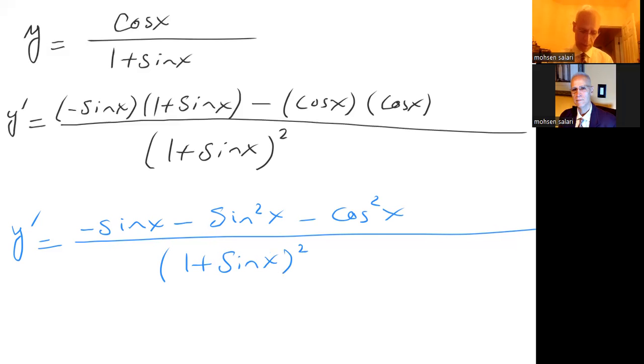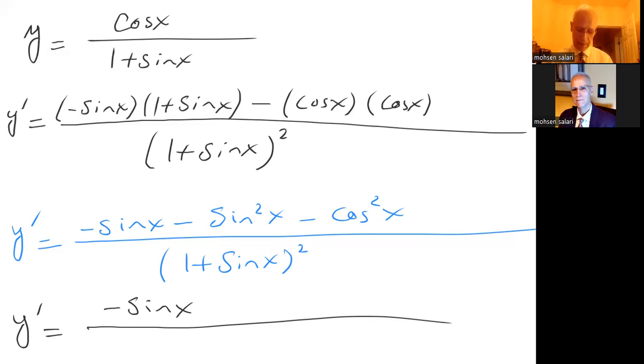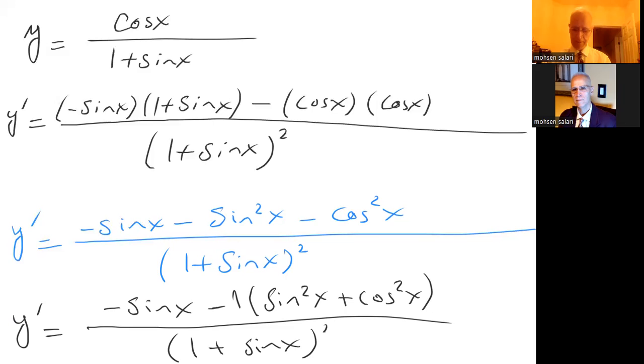Oh, this is nice. Y prime equals minus sine of x, and then if I factor a negative 1, then I get sine squared of x plus cosine squared of x. And of course, that's over 1 plus sine of x quantity squared. And so we know this is a 1. So I'm left with minus sine of x minus 1. Let me go to the next page.